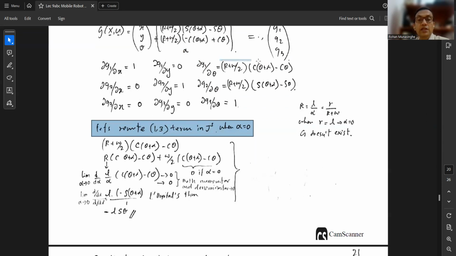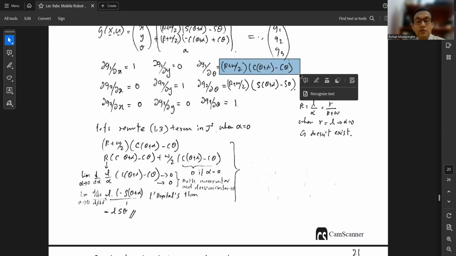So if you get this one with alpha equals 0, now when the robot is moving straight, we still need to have this Jacobian. But the problem is when alpha is 0, this becomes cos theta minus cos theta, which is 0. It looks like it's just 0, but it is not the case.